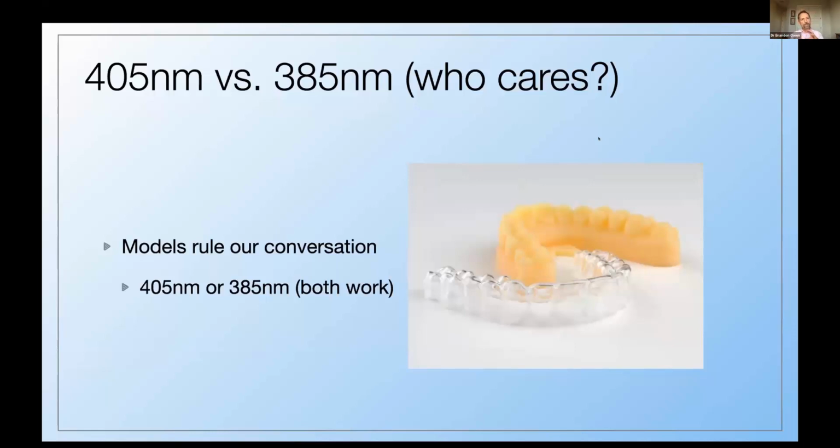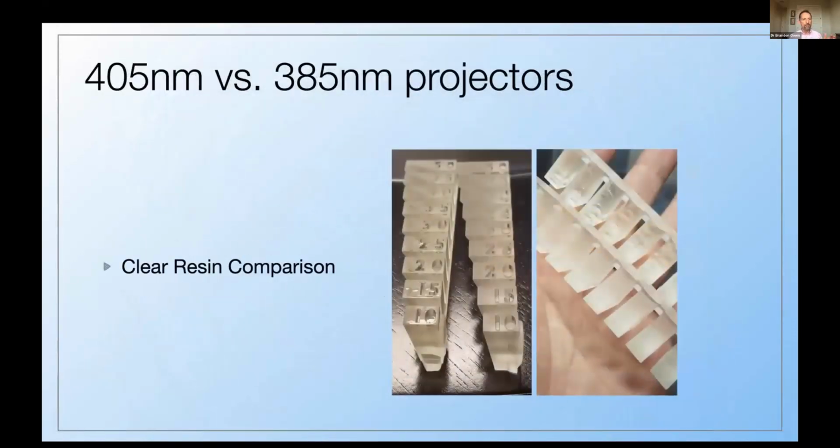And the reason that's so important is that these 385 nanometer printers polymerize clear resins, which are most of the newer emerging resins in the space, clear, translucent. Without that pigment, it's very challenging for the projector to actually get that crisp resolution. But what the 385 nanometer projector does is it gives us, even with those clearer resins, a much crisper resolution.